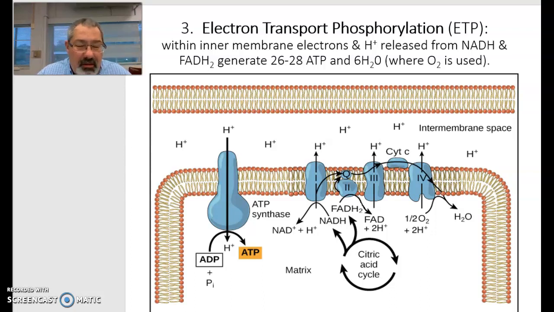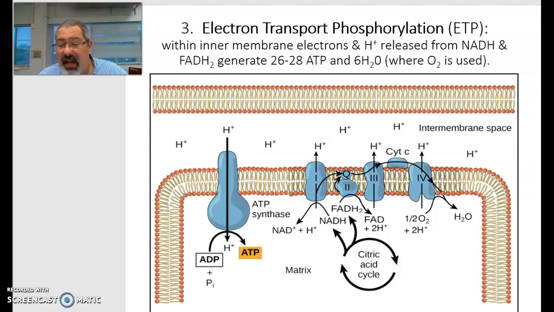The final step, if you will, in respiration is the production of water. Oxygen will accept hydrogen ions and the associated electrons that flow through the membrane proteins to form water.